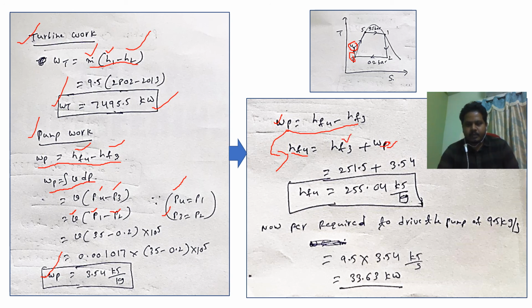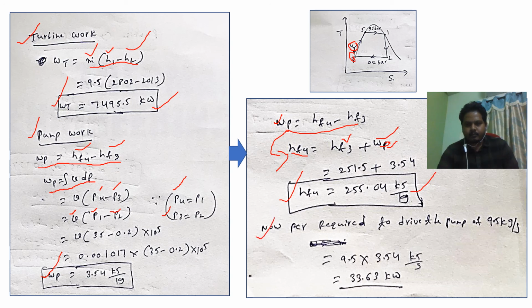Here the hf3 value we have taken from the steam table, and the work input to the pump we just calculated. Substitute both the values, and you will get the specific enthalpy of the fluid at point 4, that is 255.0 kilojoules per kg.